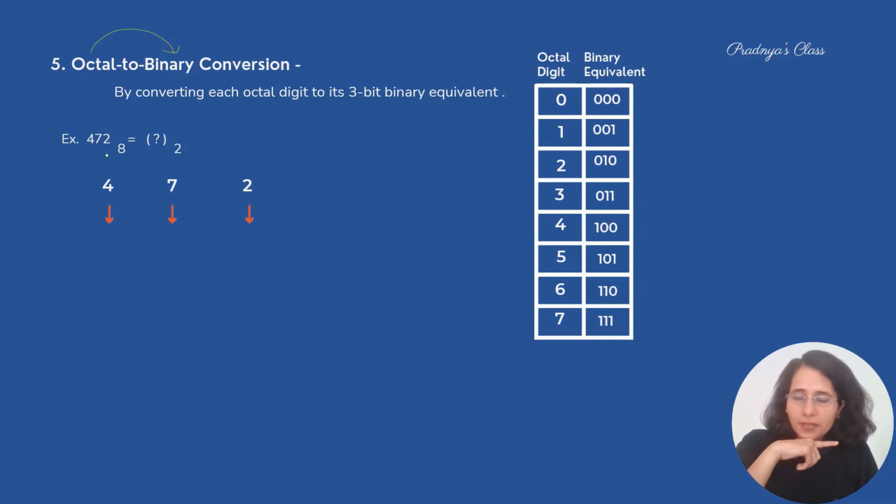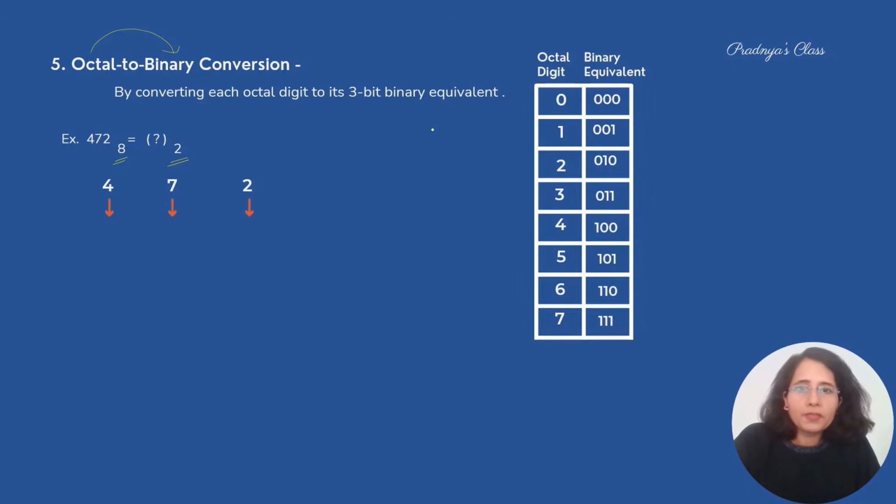Consider this number, this is an octal number, and we have to find out the binary equivalent of that. So we have to directly convert these octal numbers into the binary number. So we have to find out the binary equivalent of 2, binary equivalent of 7, and binary equivalent of 4. Now how to find out this? Let me give you a simple way to find out.